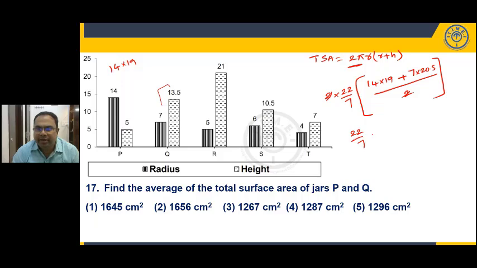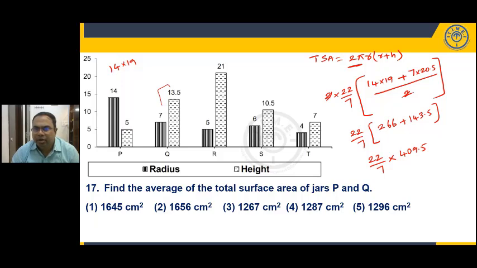This 2 will get cancelled. 22 upon 7 into 14 into 20 is 280, 14 less 6 is 266. This is 140 plus 3.5, 143.5. So 22 by 7, 266 plus 143.5, which is 409.5.